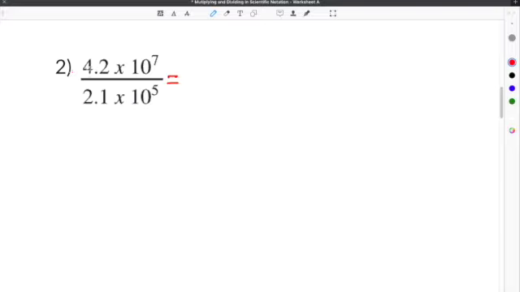Number 2 gives us 4.2 times 10 to the 7th divided by 2.1 times 10 to the 5th. We're going to take the coefficients, which are 4.2 and 2.1, and we will divide them. So we have 4.2 divided by 2.1. That is going to be multiplied times our power of 10, which in this case is 10 to the 7th divided by 10 to the 5th.